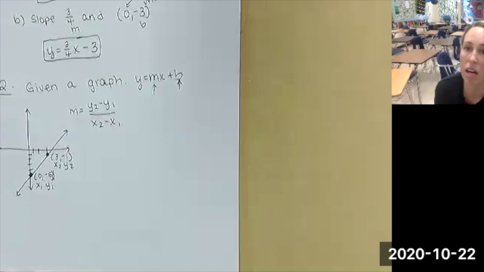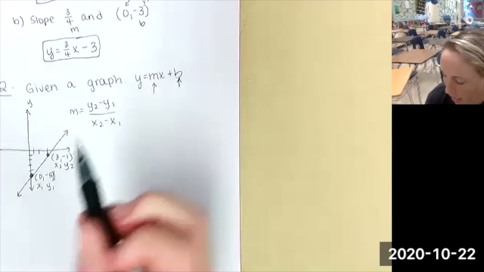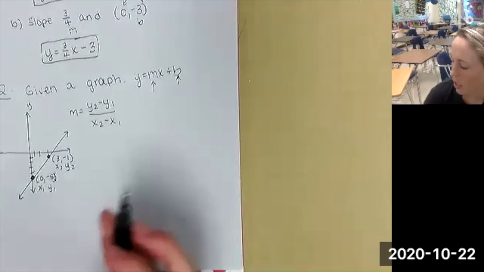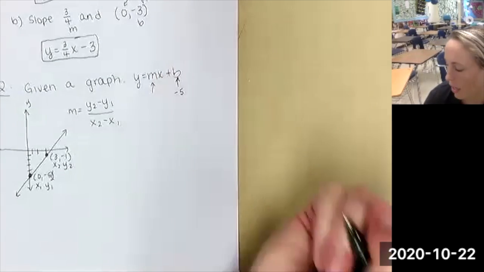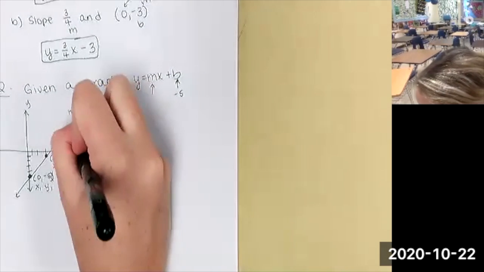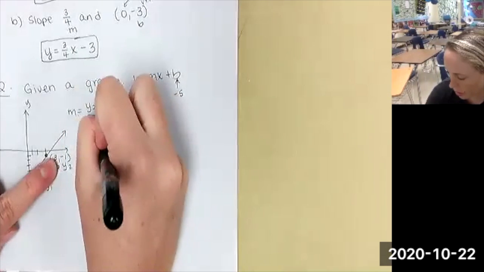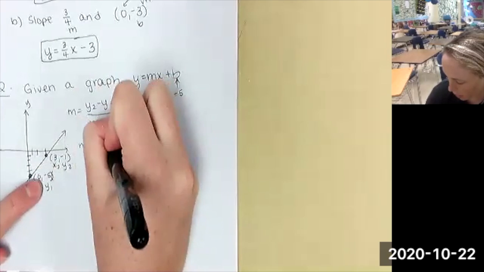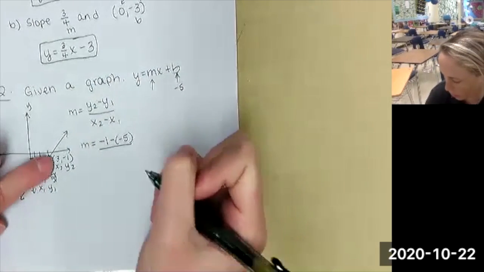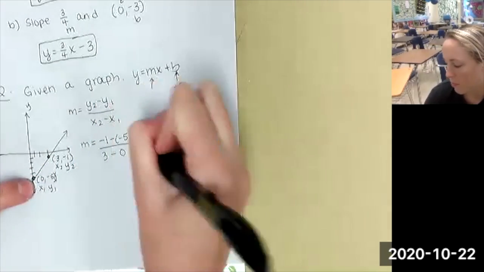We are given the y-intercept, so this is our y-axis. It crosses at -5, or you can look at the coordinate and say, okay, x is 0, so that's my y-intercept. So we know that this is -5, but we don't know our slope. So we're going to solve for our slope. So y2 is -1 minus y1, which is -5, over x2, which is 3, minus 0, which is x1.